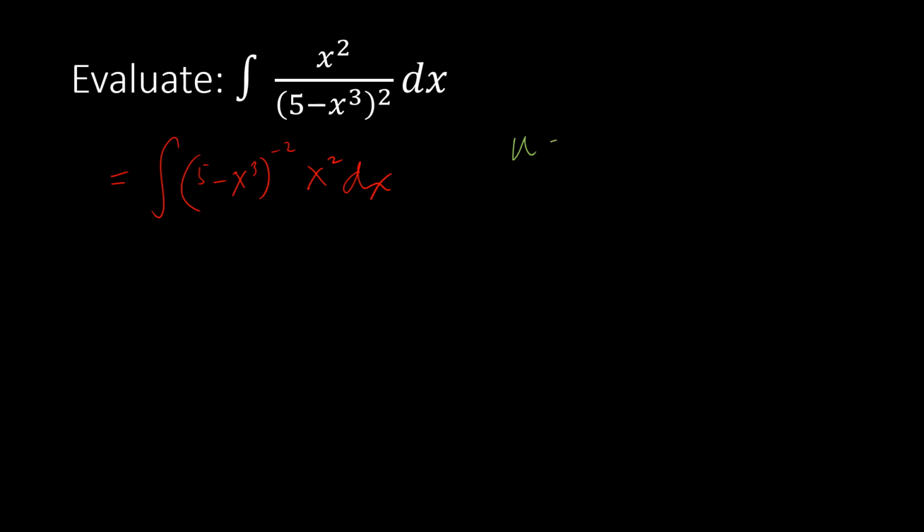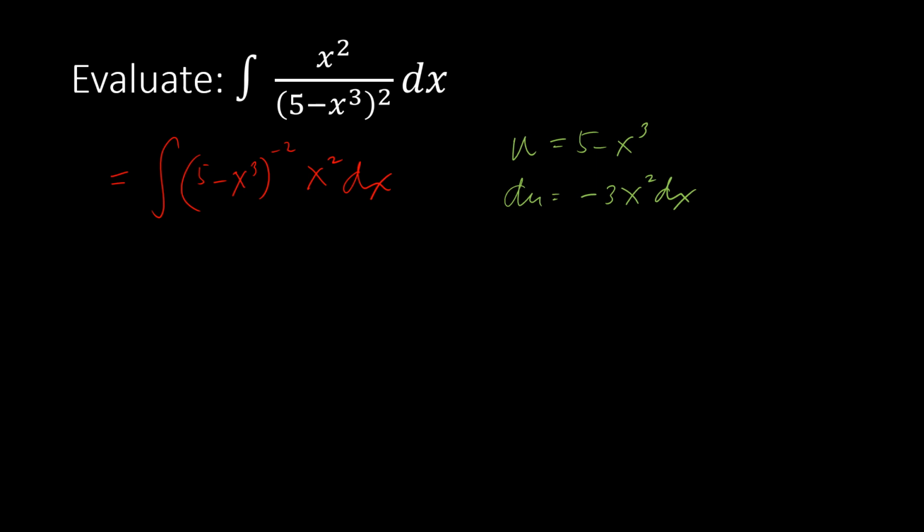Let u be equal to 5 minus x cubed. Our du here will be negative 3x squared dx. The differential of 5 is 0. The differential of x cubed is 3x squared dx.